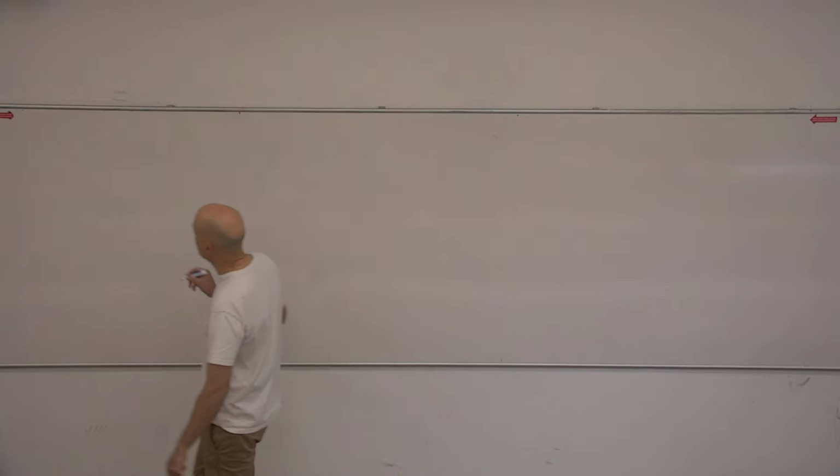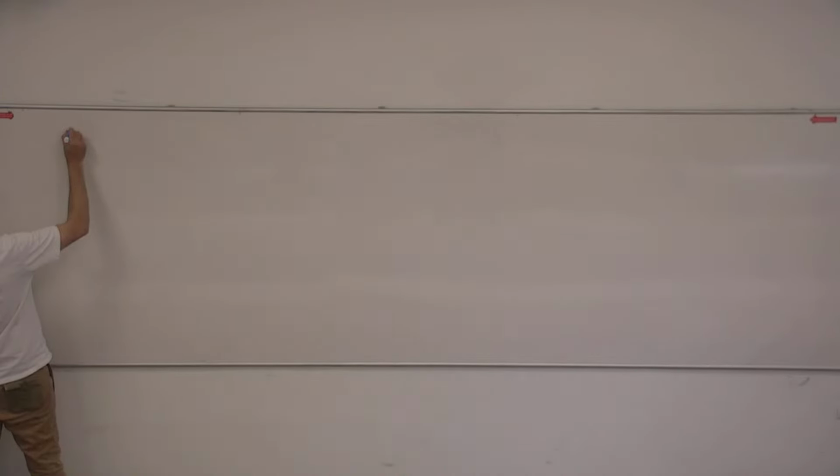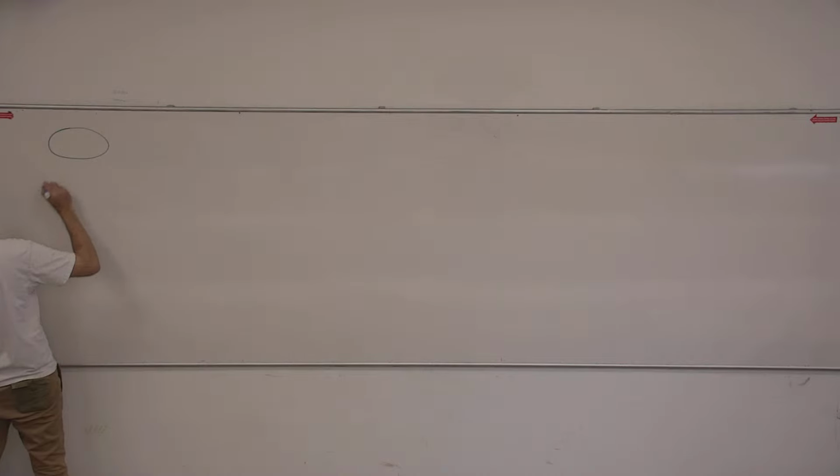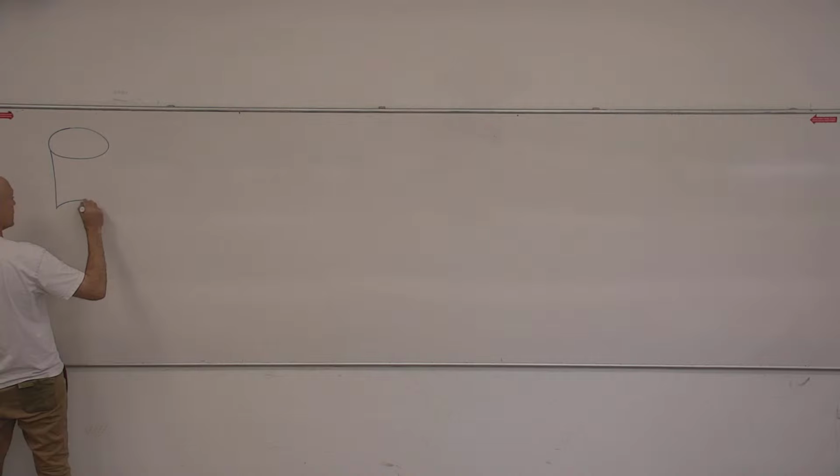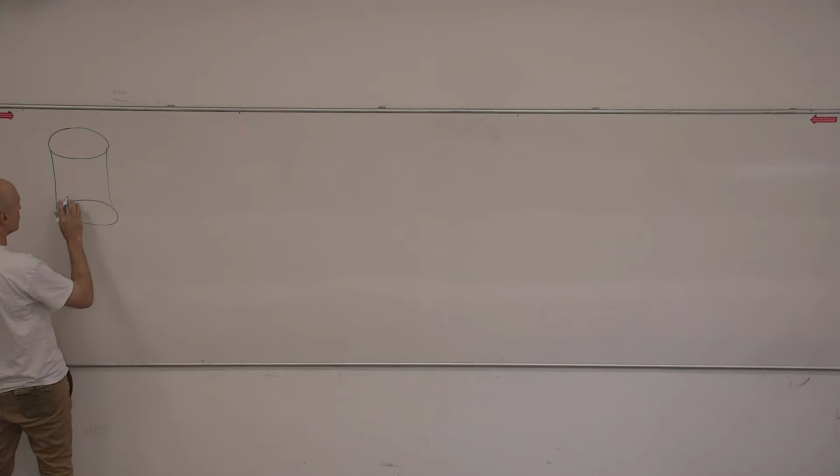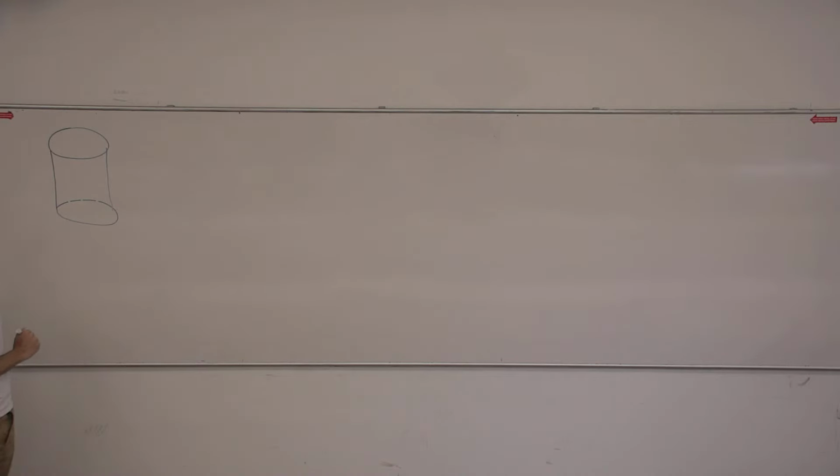So let us start and think what exactly are the problems we are considering in cylindrical symmetry. For example, we have some cylinder which looks like that. Oops, very bad drawing. And then we are solving the Laplace equation.